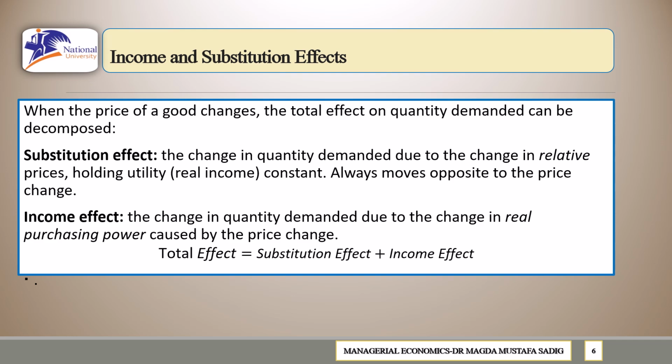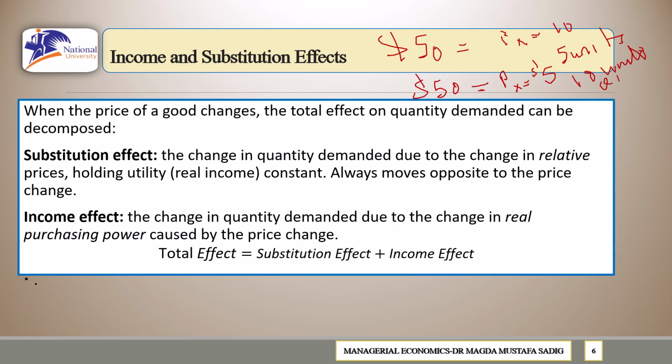Because if your budget is $50 and the price per unit is 10, you will purchase 5 units of X. But if your budget is still $50 and the price of X dropped to $5, then you will purchase 10 units of X. And this is what we call an increase in the purchasing power of the consumer.